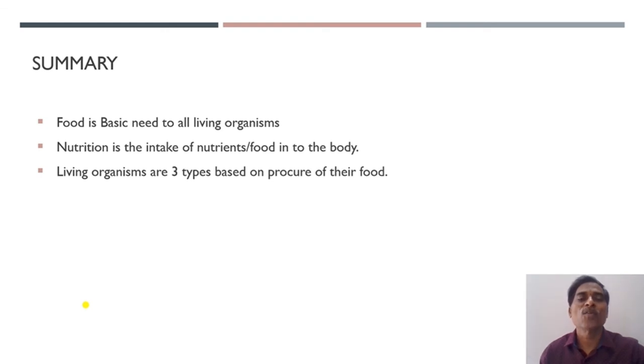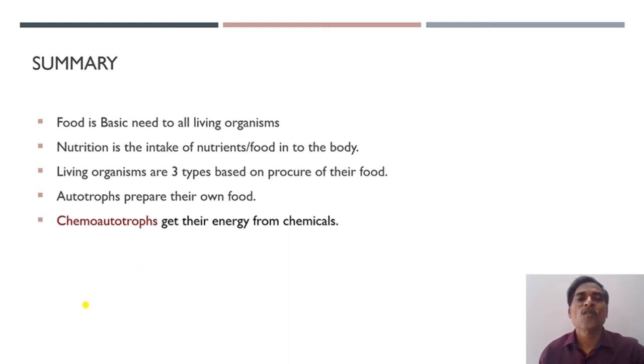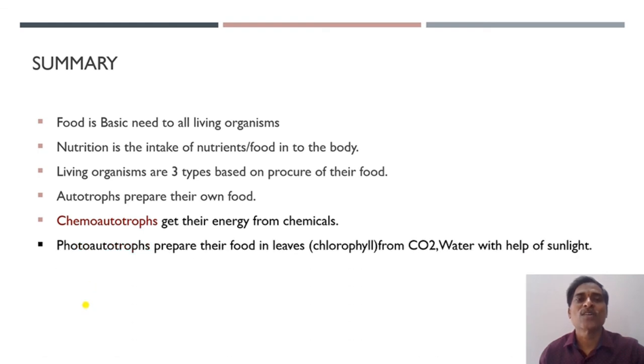Autotrophs can prepare their own food. Chemotrophs get their food from chemical substances. Photoautotrophs prepare their own food with the help of sunlight in the chlorophyll from carbon dioxide and water, also called photosynthesis. Saprophytes get their food from rotten food substances and decaying organic substances.